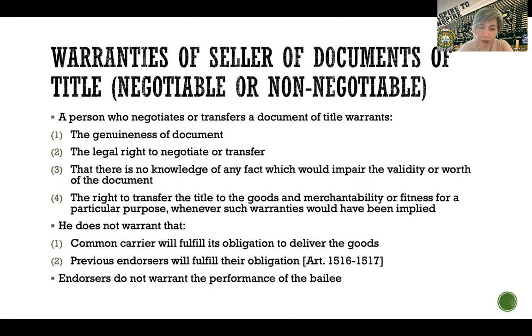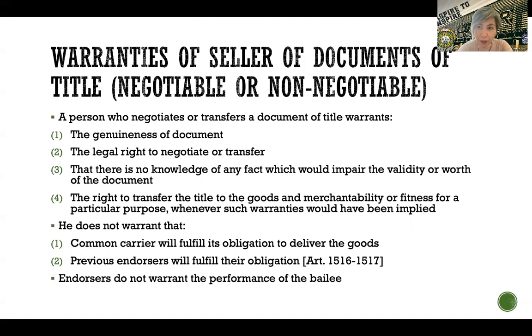So there are warranties assumed by the seller of documents of title, whether negotiable or non-negotiable. So there's a warranty on the genuineness of the document, the legal right to negotiate or transfer, that there is no knowledge of any fact which would impair the validity or the worth of the document, and the right to transfer the title to the goods and merchantability or fitness of the goods.